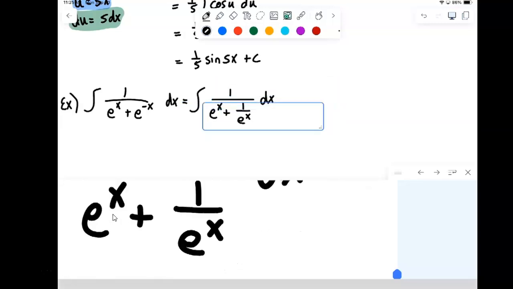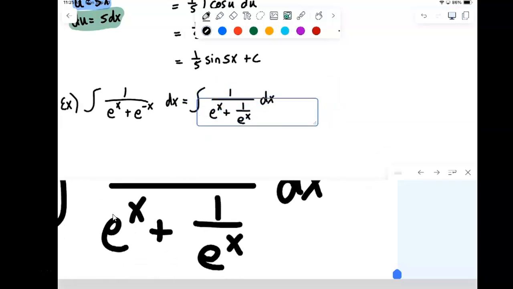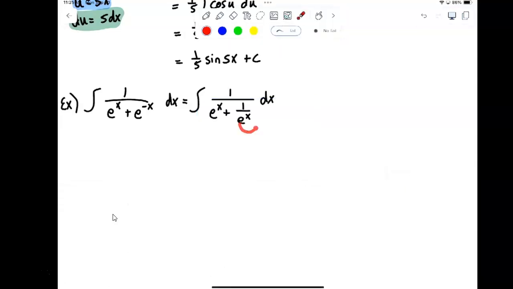And what that creates for us here is a complex fraction. Right? We have one fraction inside of the bigger fraction. And for us, that's a good thing to see because that gives us an idea of something we can try.